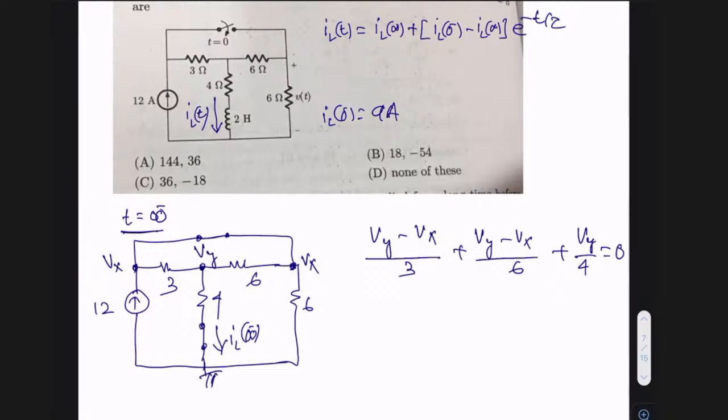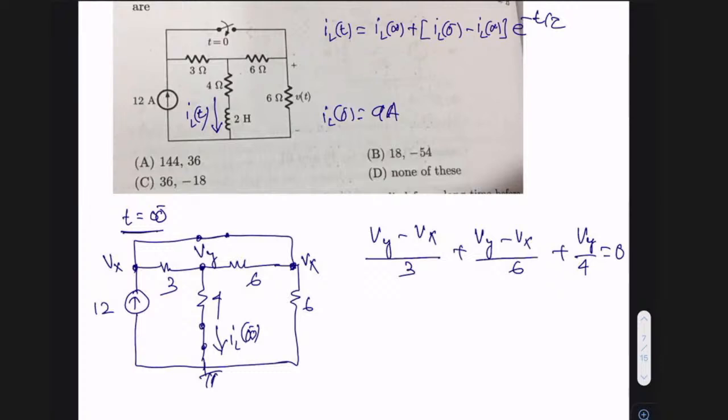If you have other techniques, you may use them. It is not mandatory that you solve the question this way. So this is one equation.